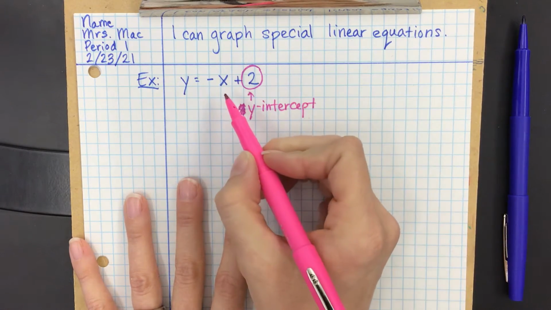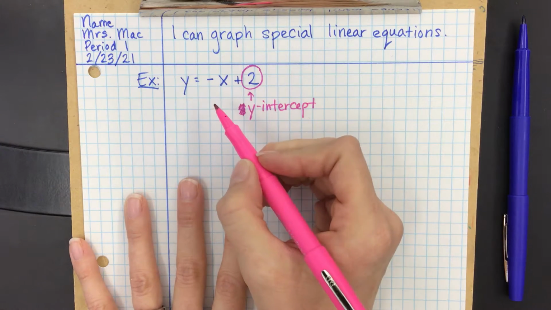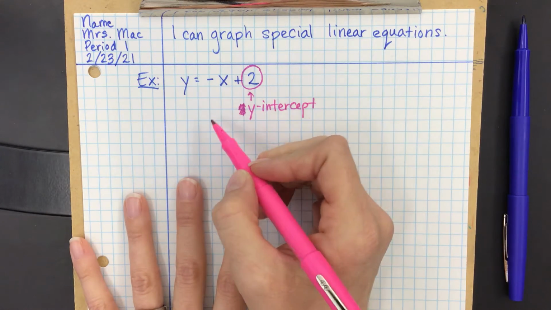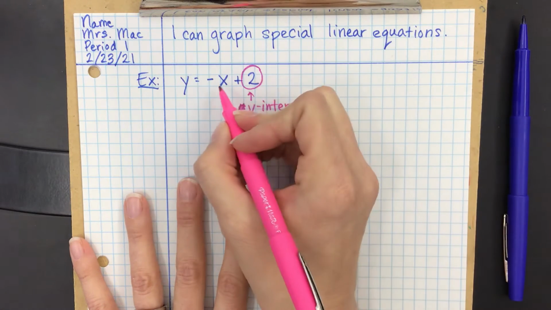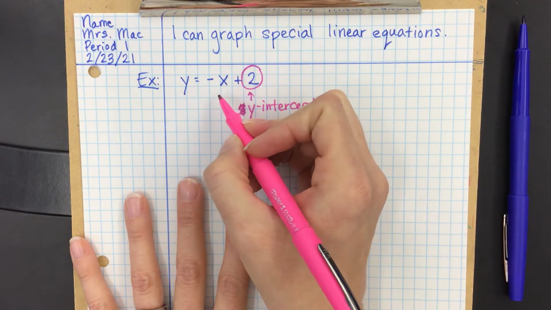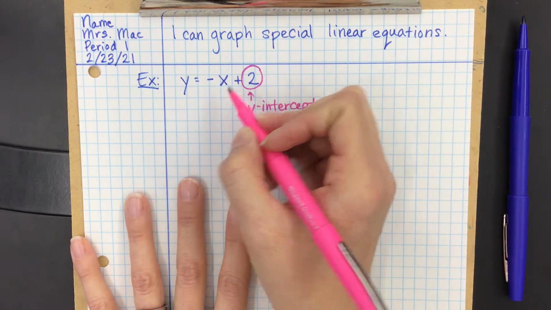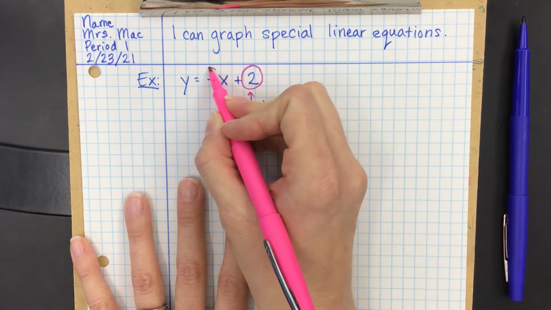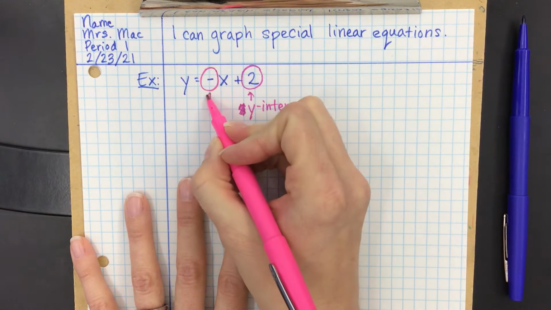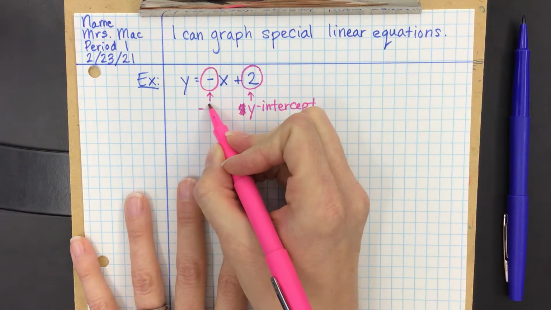Now, but what's interesting is there's no number here for your slope. But if you remember, when we just have one x, we don't write the 1. So what the slope is here is -1.